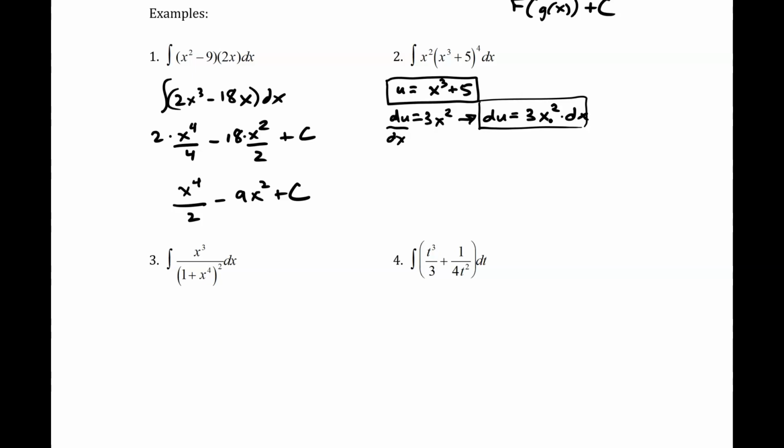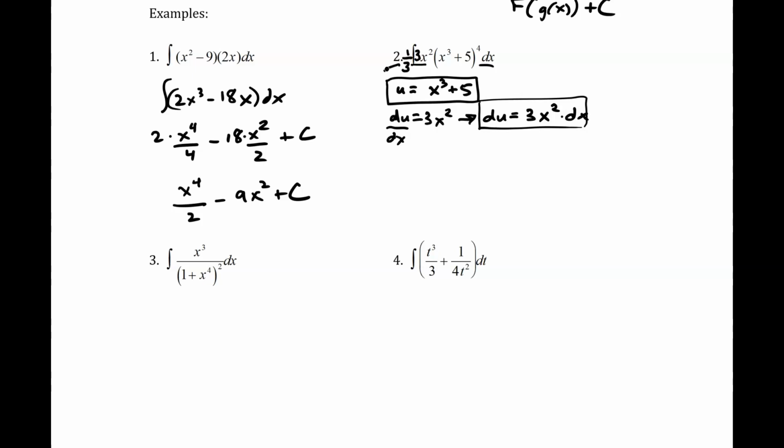Here's the cool thing. We can make this 3x squared. Look at that. I've got a 3x squared times dx. But obviously you can't just multiply something by 3 without offsetting that somehow. So if I multiply it by 3 on the inside, I can offset multiplying by 3 by putting a 1/3 in front of that integral.